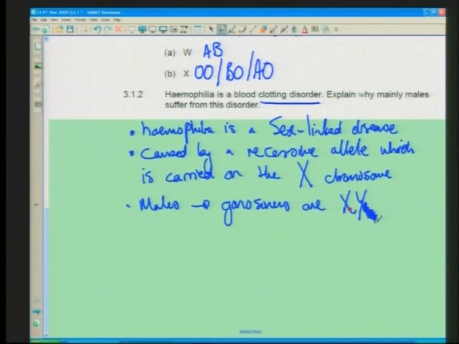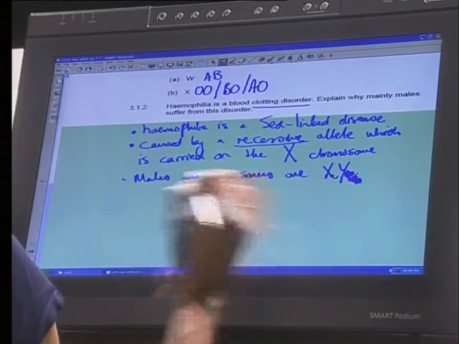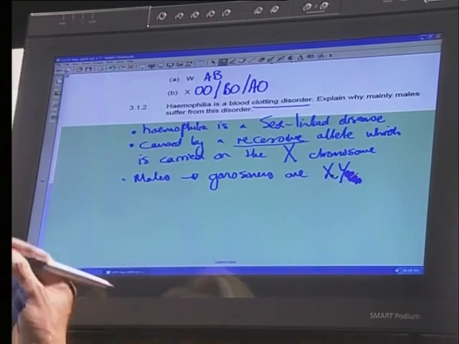And remember, it is a recessive gene, so it can only come through if it's on its own. There's nothing to complement it or cancel it out and make it heterozygous.